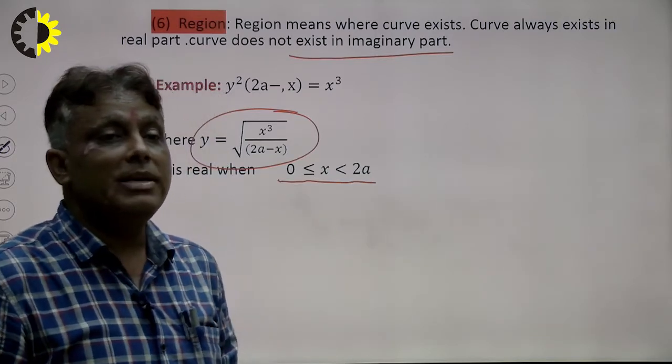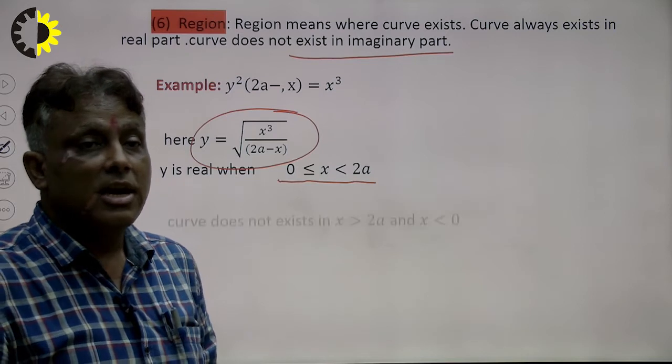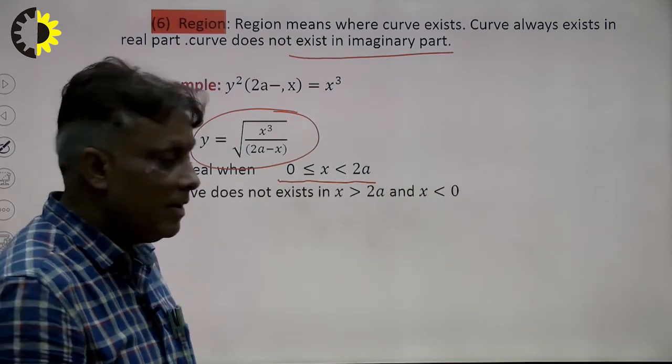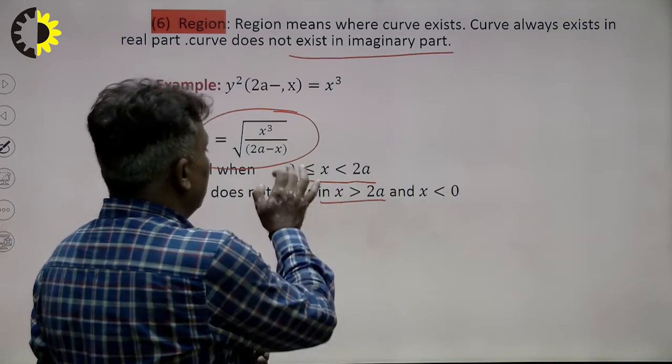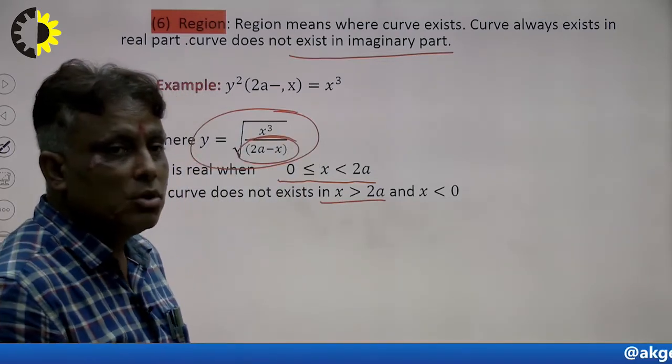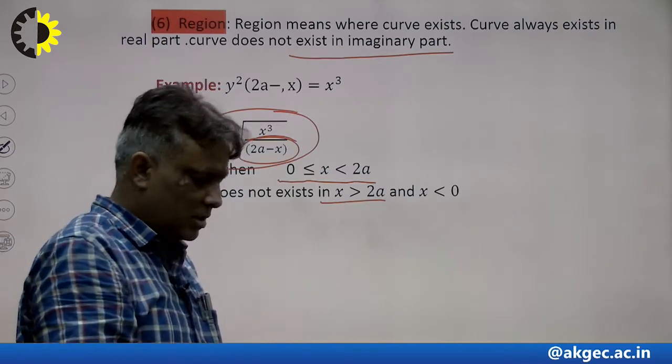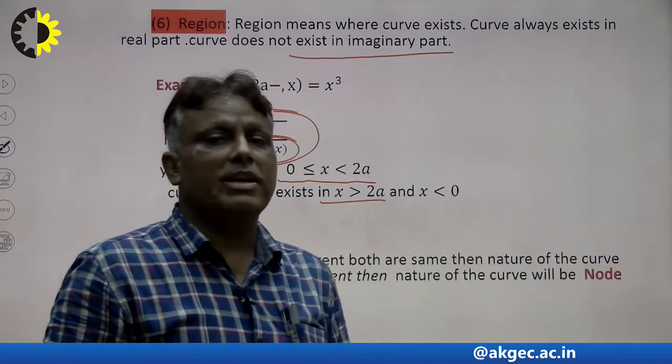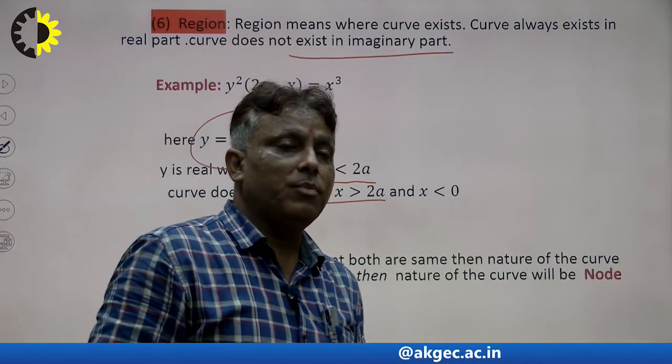So y is real and the curve exists. The curve does not exist if x is greater than 2a, because this will be negative and y will be imaginary. If x is less than 0, in this case the curve does not exist. So in this way we can find each and every point of the curve.